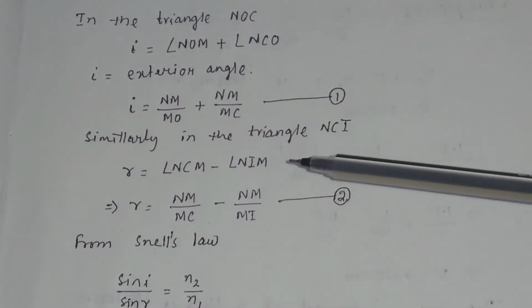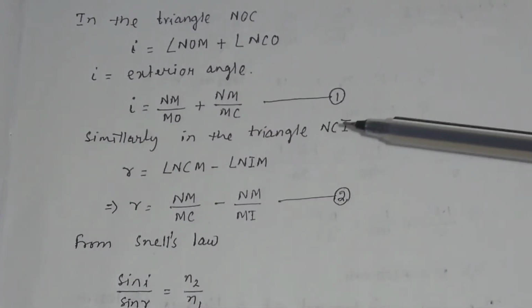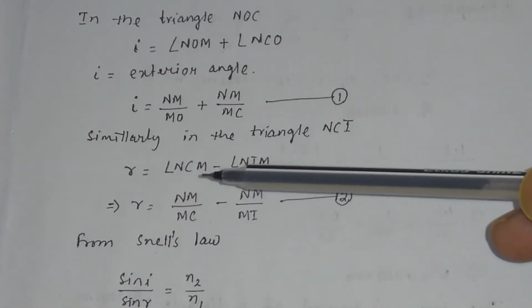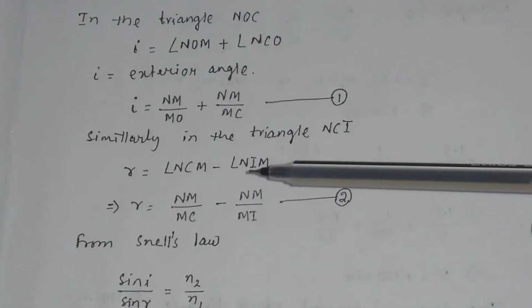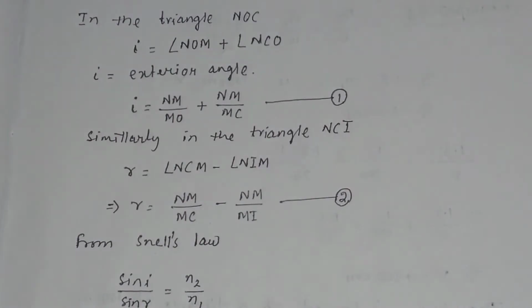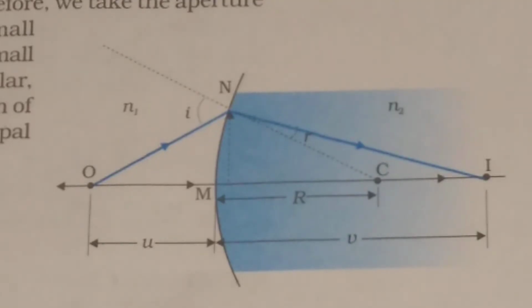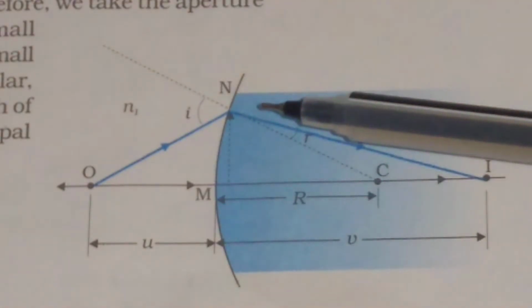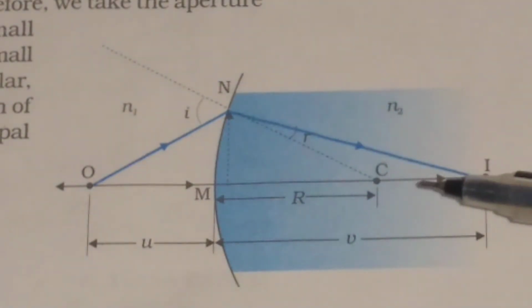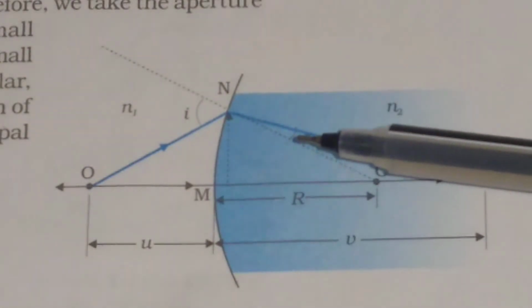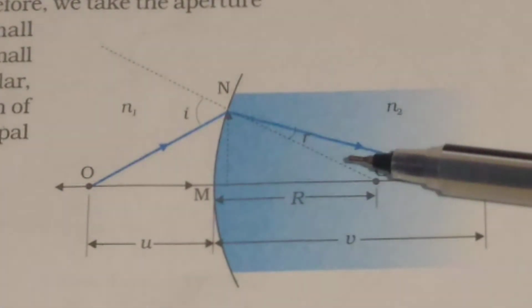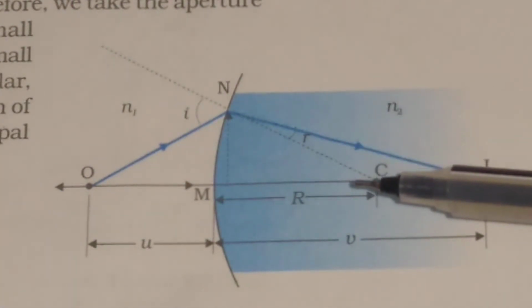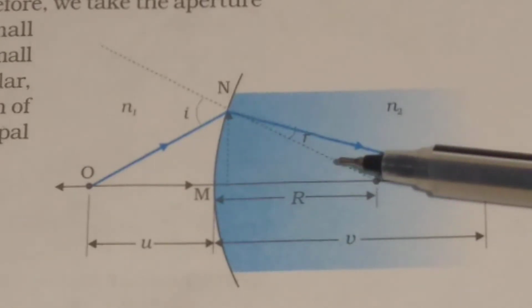Similarly, in the triangle NCI, r is equal to NCM minus the angle NIM. Look at this figure. In the triangle NIC, r is an interior angle, and NCM is the exterior angle.